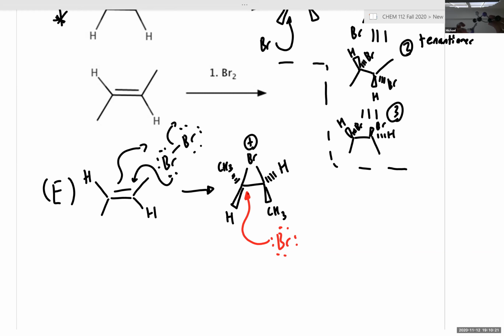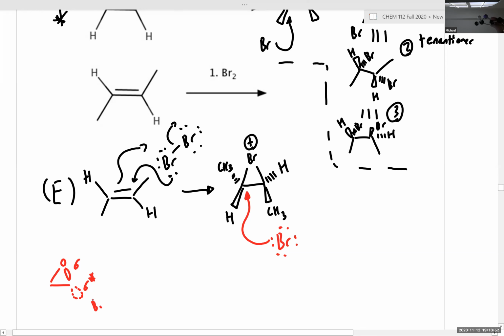What's the only rule for this attack? Can I attack from the same face as the bromonium? Can I attack like this? No, it has to be opposite. And the reason for that, if we think about our sigma bond, opposite to our sigma bond is the sigma star bond.